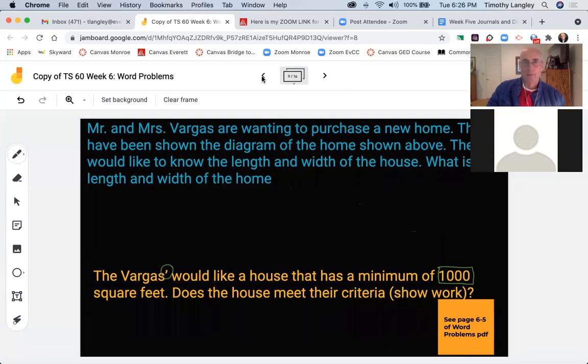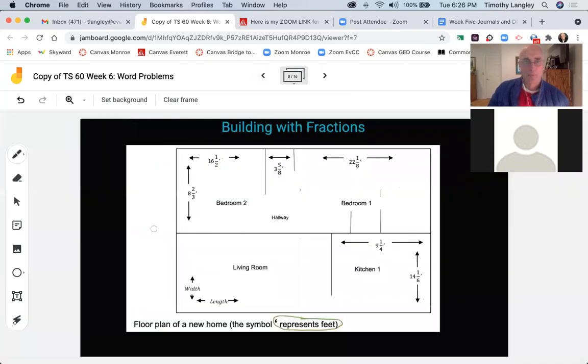All right. So I'm going to go back here. How would we figure out the length and the width of the home? It would be nice if they just gave you a dimension that went straight across. By the way, looking at this picture, see these arrows? It has 16.5 feet. Those two arrows mean from here to here.